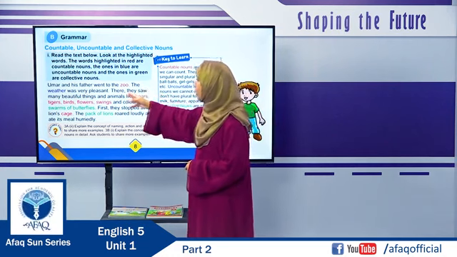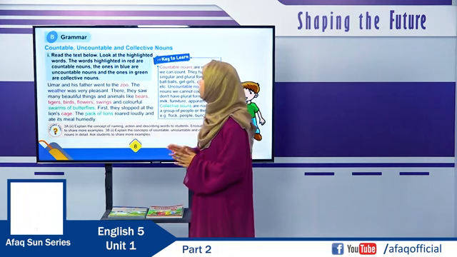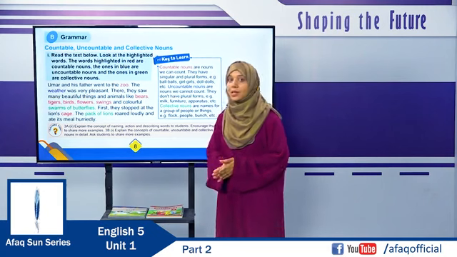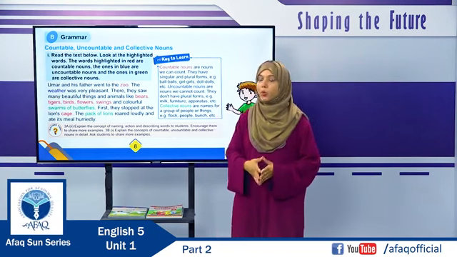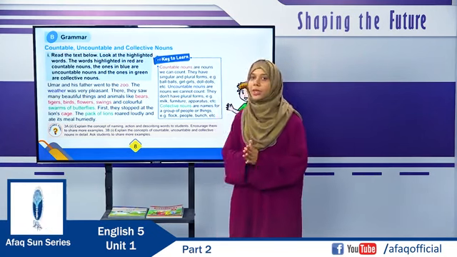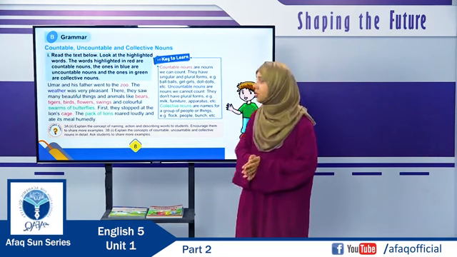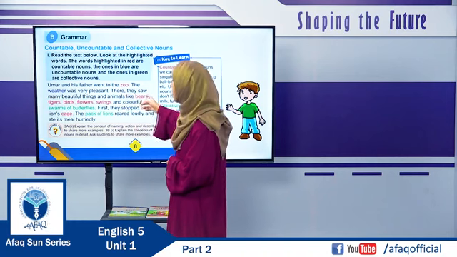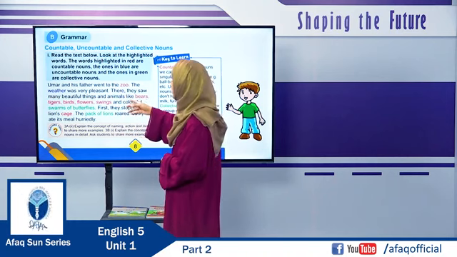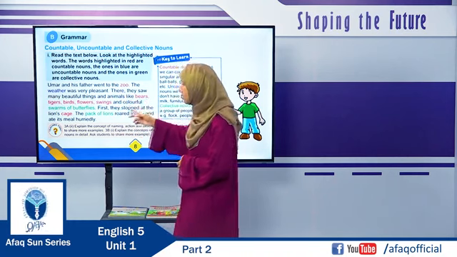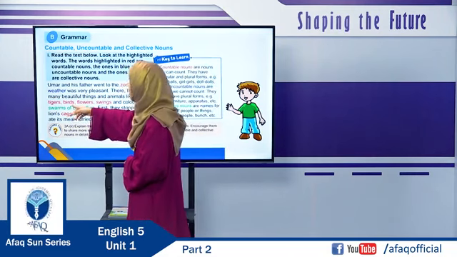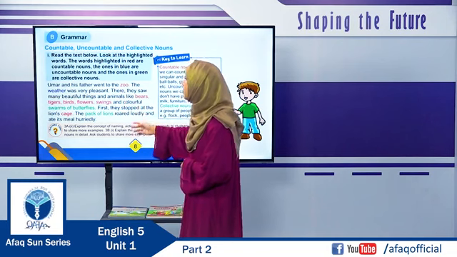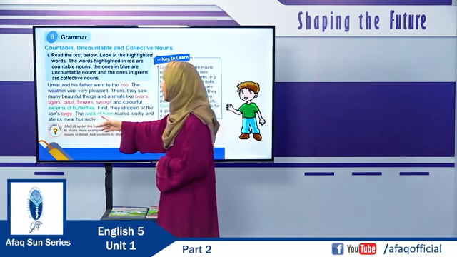The weather was very pleasant. Weather has been highlighted in blue, which means that it is an uncountable noun. Yes, weather is a noun, but it cannot be counted. So this is an uncountable noun. There they saw many beautiful things and animals like bears, tigers, birds, flowers, swings, and colorful swarms of butterflies.